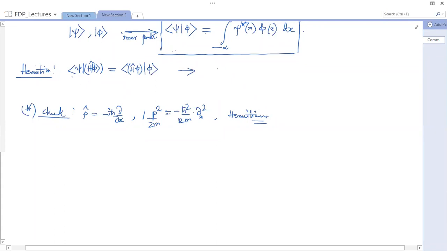So in notation, the integral of psi star of x, H acting on phi of x, dx should be equal to the integral of H acting on psi of x, star, with phi, and then we are taking the inner product.